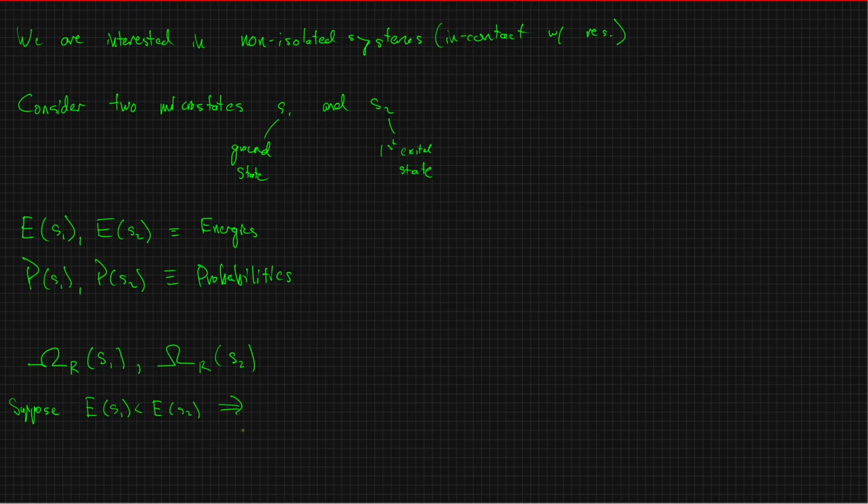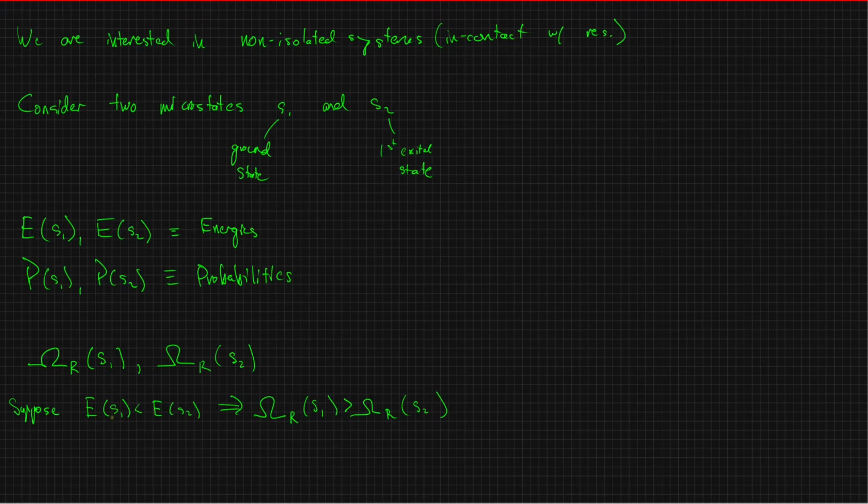So what can we say about these two multiplicities right here? Well, we can say that the multiplicity for S1 should be greater than the multiplicity for S2. Since if the S1 energy state is lower in energy than this one, then in this state there's more energy left for the reservoir.